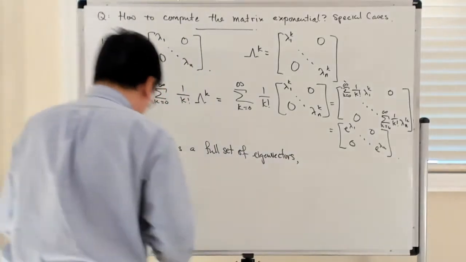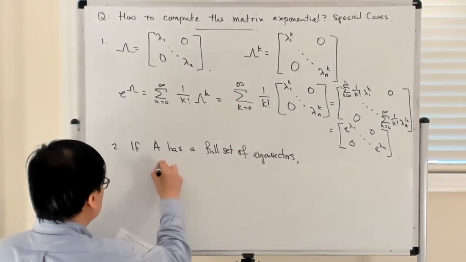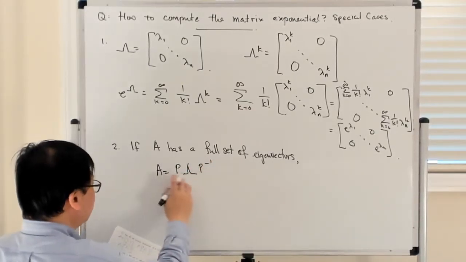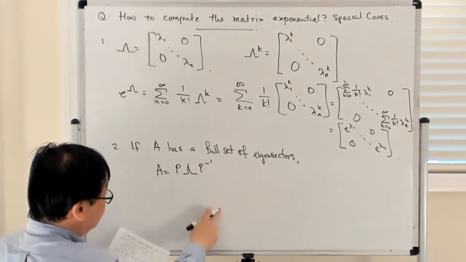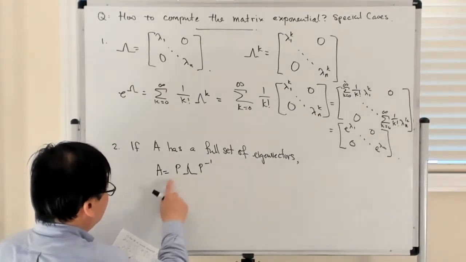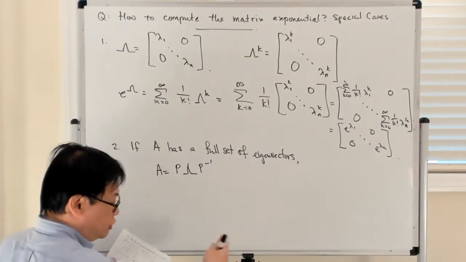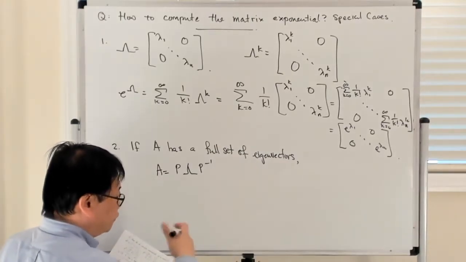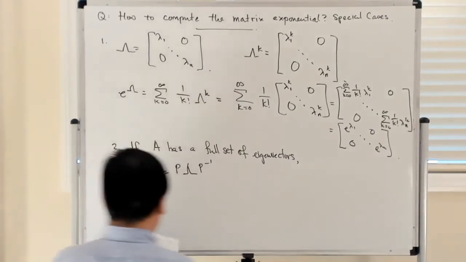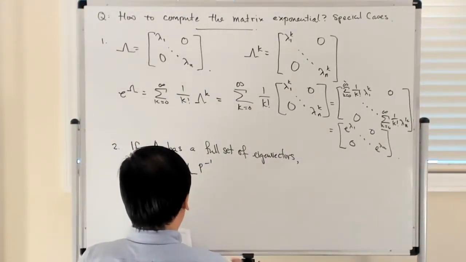You can write A as P lambda P inverse, where lambda is the diagonal matrix consisting of the eigenvalues, and P is the matrix you get by concatenating the corresponding eigenvectors. So you have P lambda P inverse.